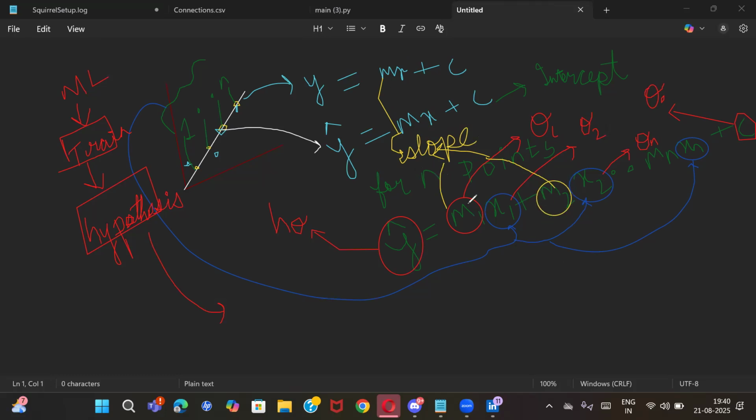These are nothing but my slope, right? This theta 1 is my slope.